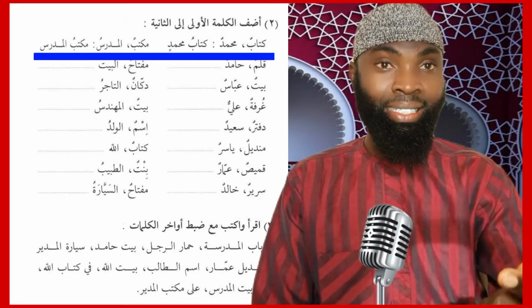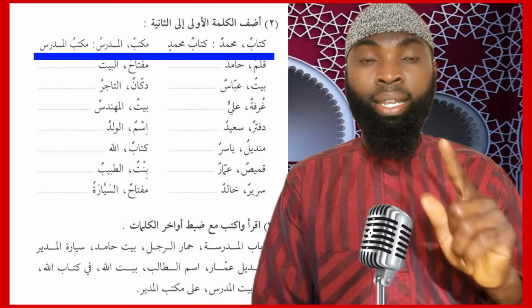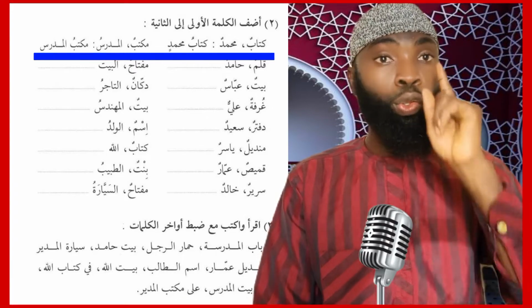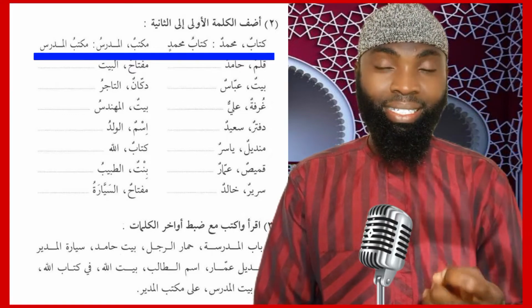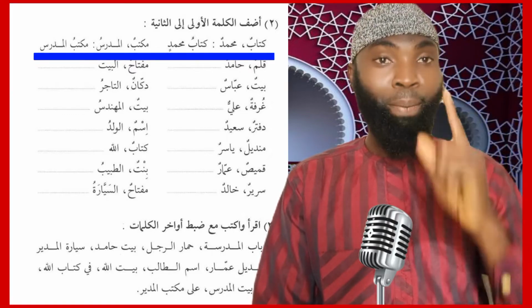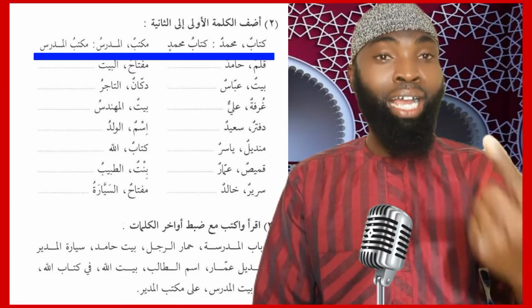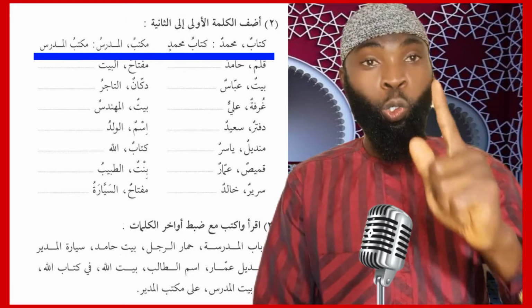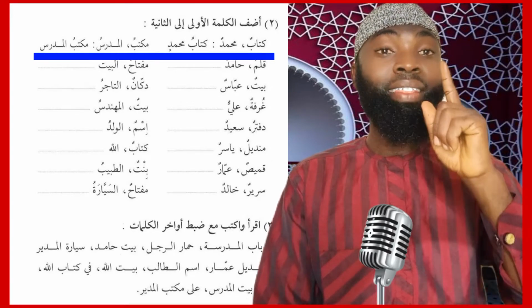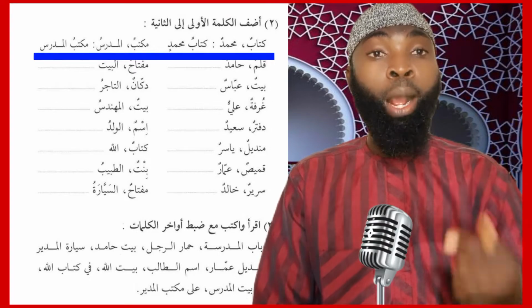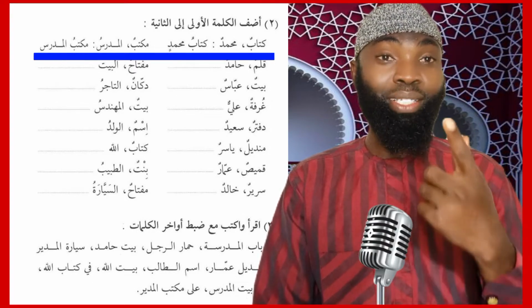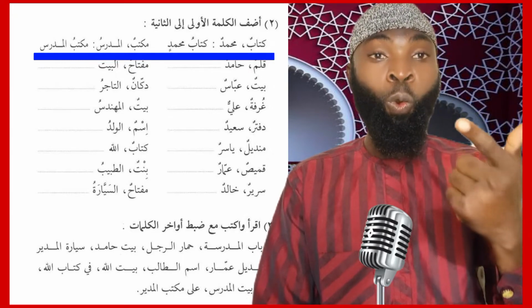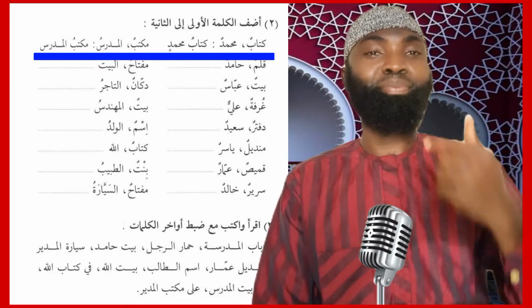The possessed will not carry the definite article nor the indefinite article. The word that is being possessed cannot carry alif and lam. So we cannot say Al-Kitabu Muhammadin. No, that is wrong. And the same way we cannot say Kitabun. Rather, the correct thing is to say Kitabu Muhammadin.